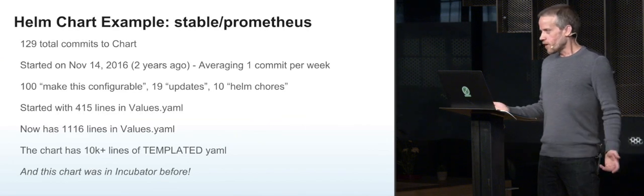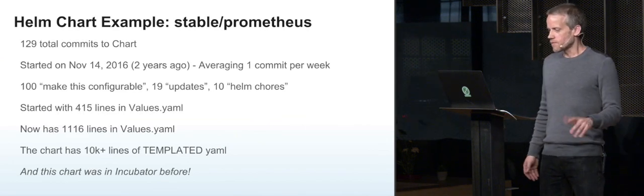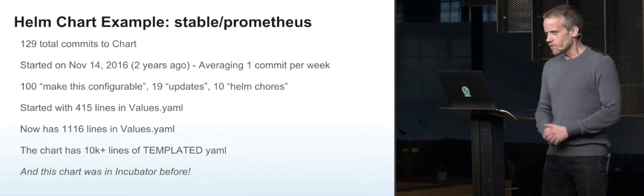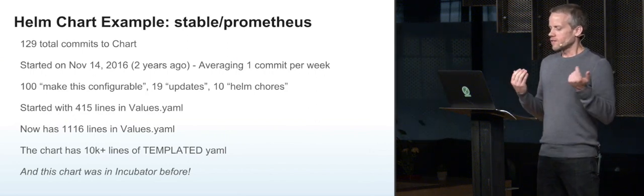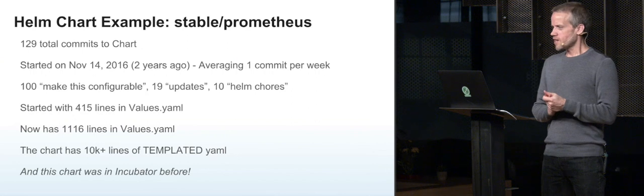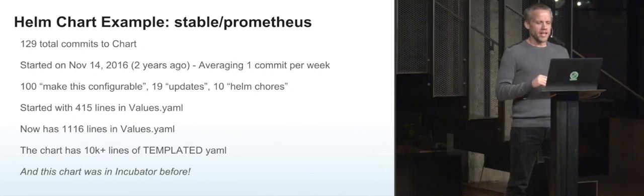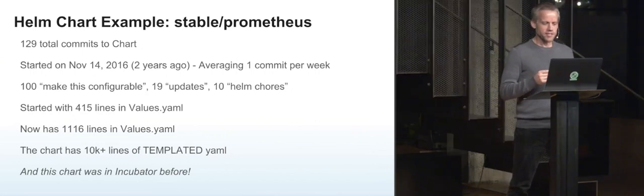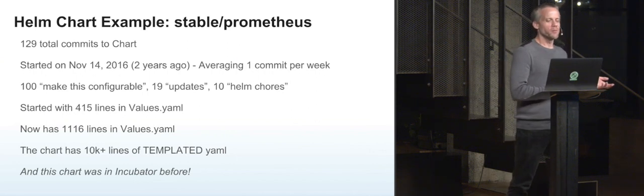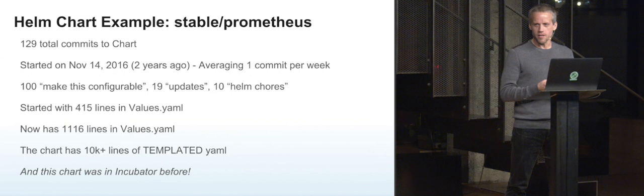An example here, just took a quick look. This is a few months old. We looked at the Prometheus Helm chart, and it was 2 years as a stable Helm chart, and it averaged about 1 update a week during that time. So 129 commits, and 100 of those were just to make this thing configurable inside the Helm chart. They weren't updates to Prometheus. They were just add this custom case.